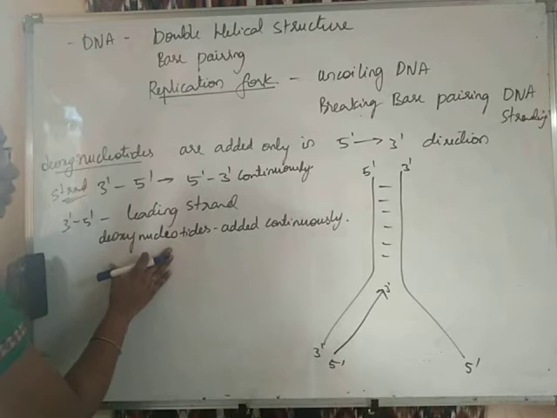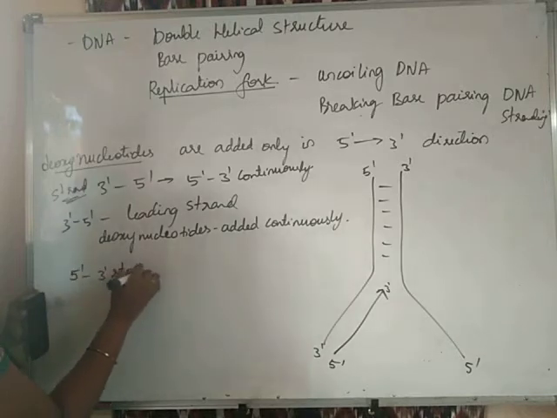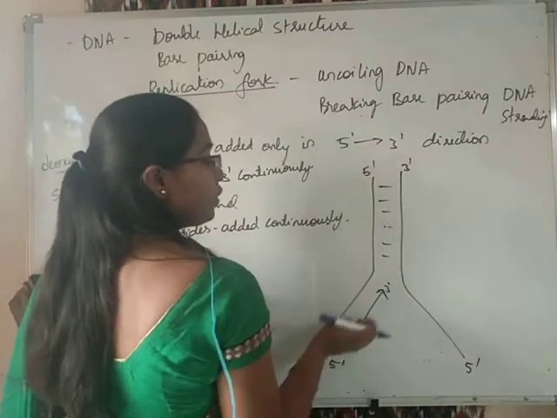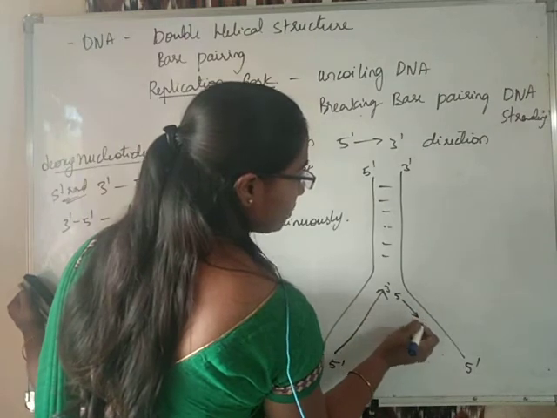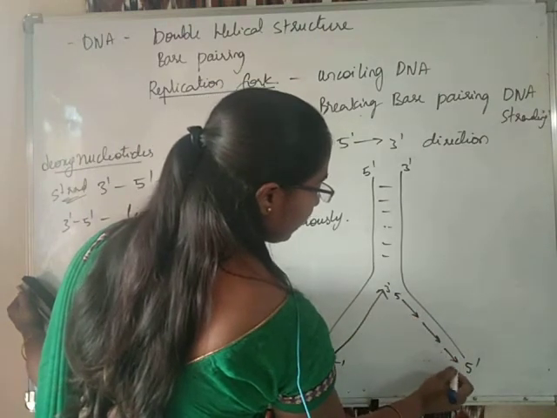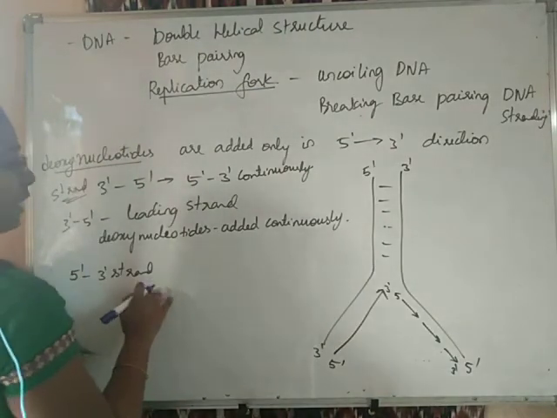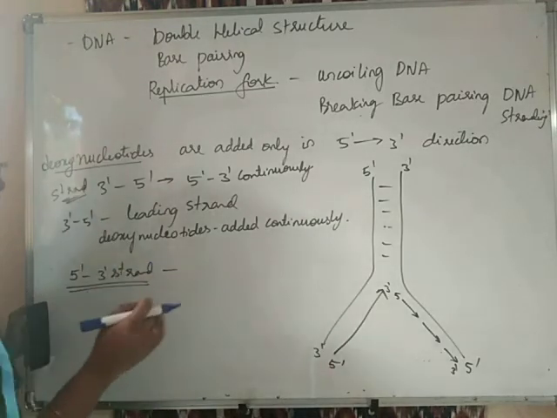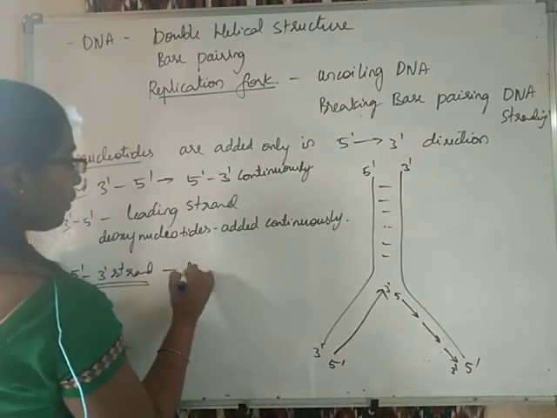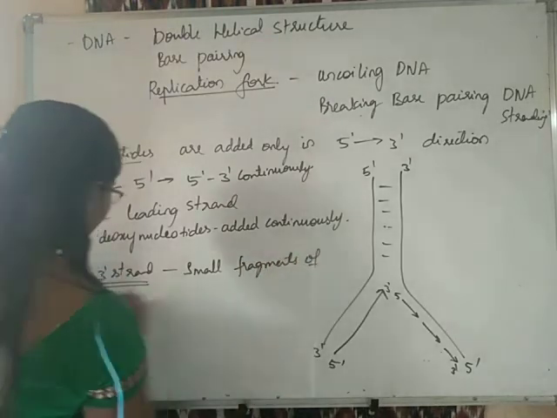Now when you take a look at the 5 to 3 strand, the nucleotides will be added in 5 to 3 direction, in this way. In the 5 to 3 strand, small fragments of DNA will be formed.